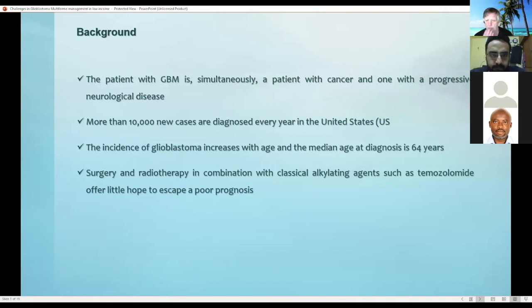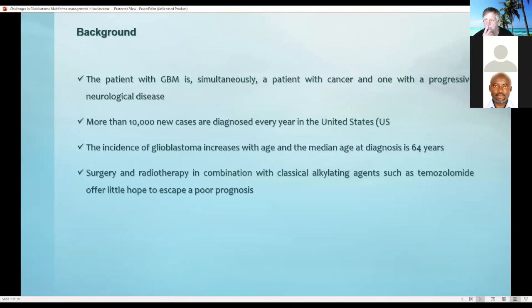The incidence of GBM increases with age, as I said, and the median age at diagnosis is 64 years. Surgery and radiotherapy in combination with classical alkylating agents such as temozolomide offer little hope of escaping the poor prognosis due to GBM. Next slide.